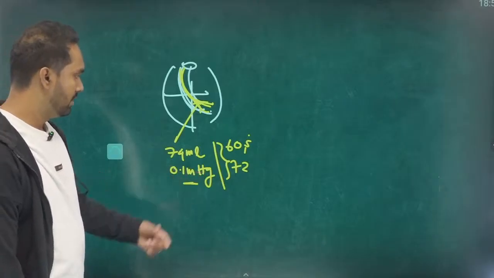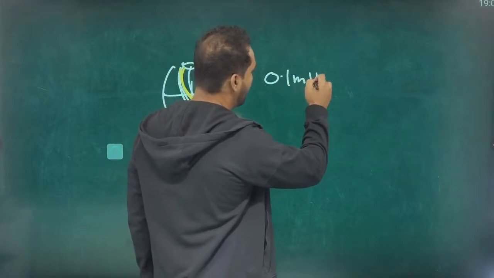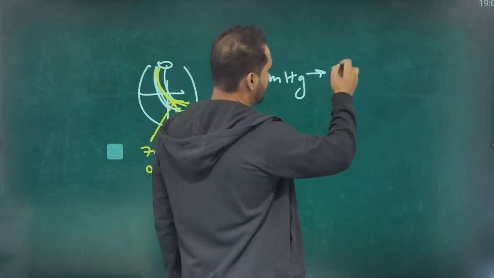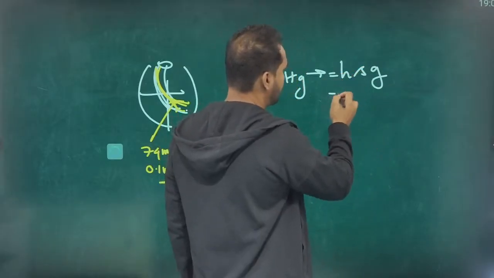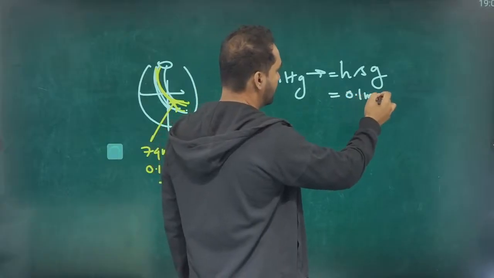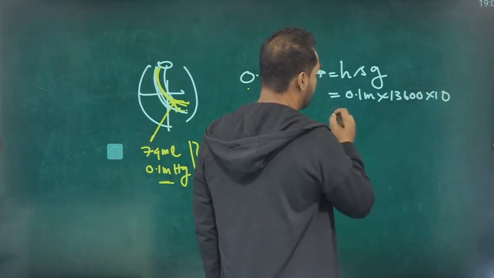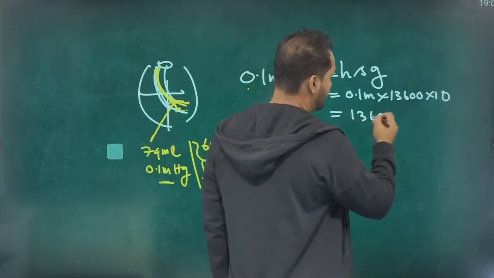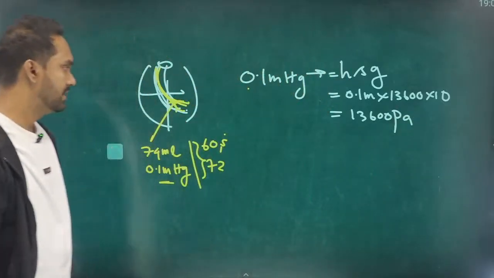Let's convert this pressure first into pascal. How do we do that? Because liquid pressure is h rho g, right? Now h is 0.1 meter, rho is 13,600, gravitational acceleration is 10. It's basically 13,600 pascals of pressure, right? So this much of a pressure is there.